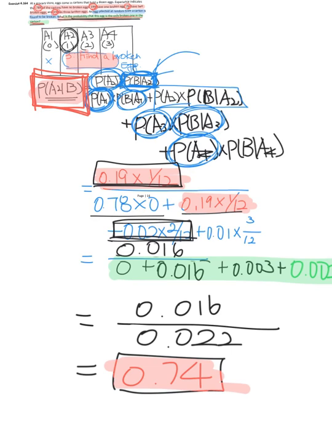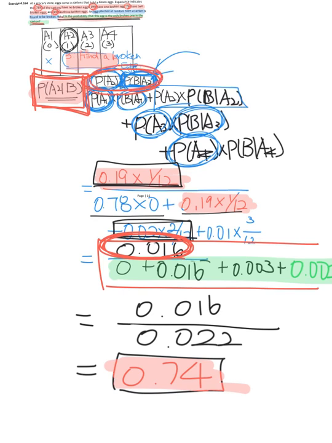Yes. Look at this one. We just put here 0.016. It was from A2 because we needed the probability A2 given B.